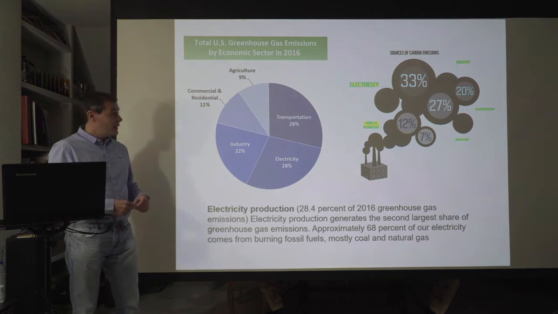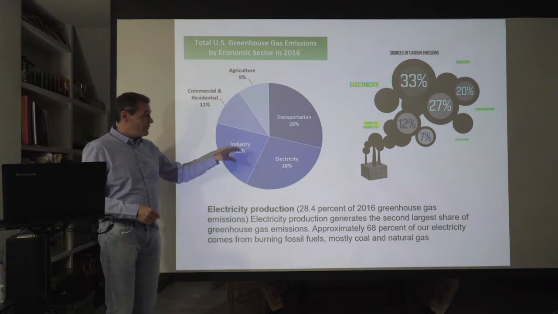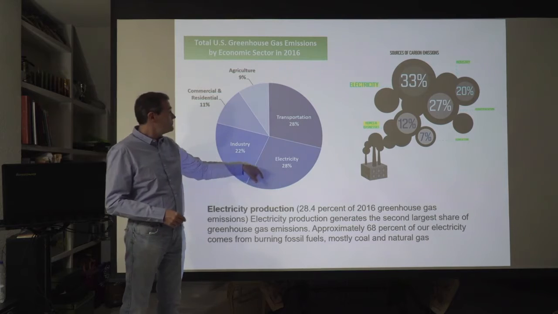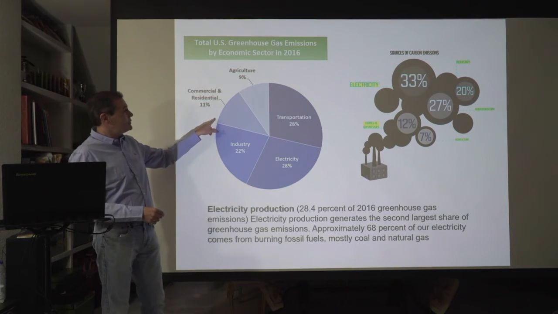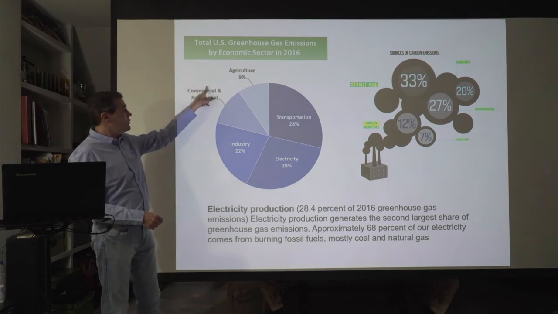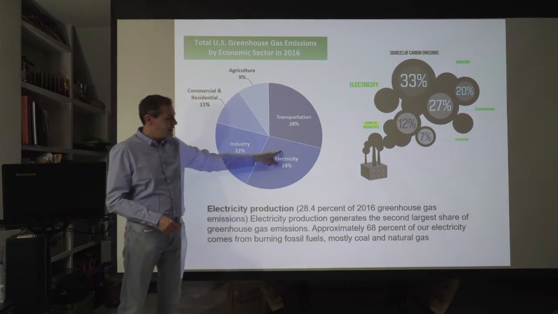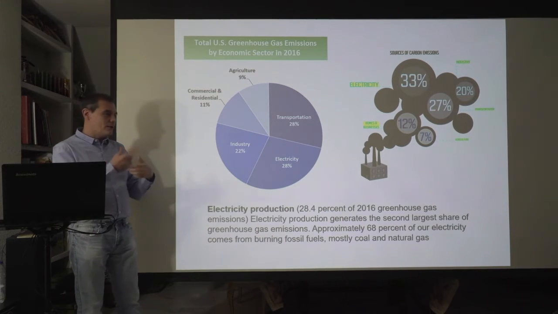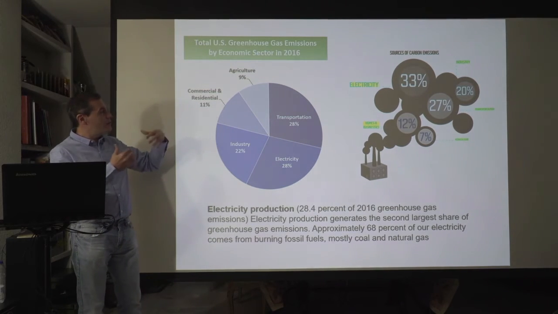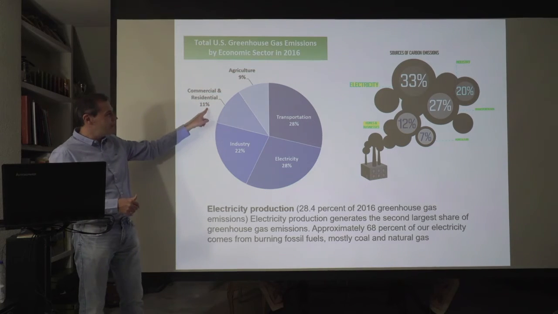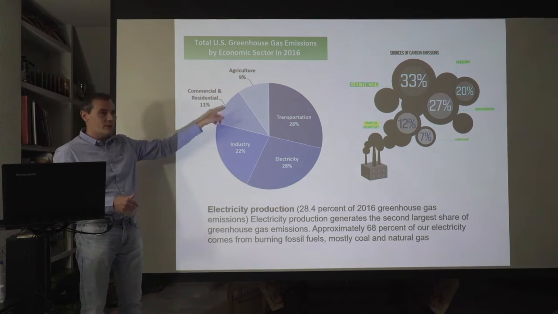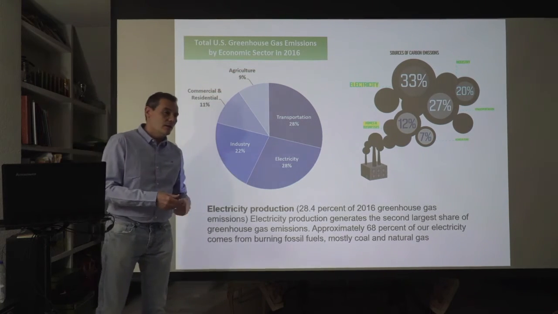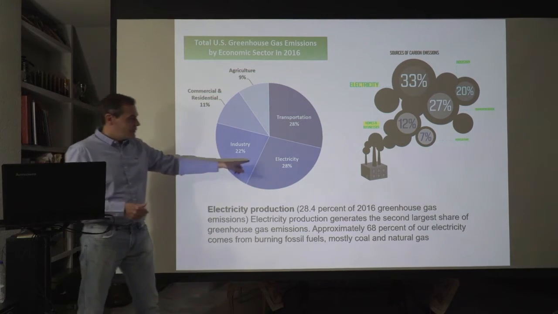Again, if we look at different sectors, we have industry, transportation, agriculture, commercial, residential, and then electricity. If we look at the greenhouse emissions, buildings are responsible for a big share of the greenhouse emissions in the world.